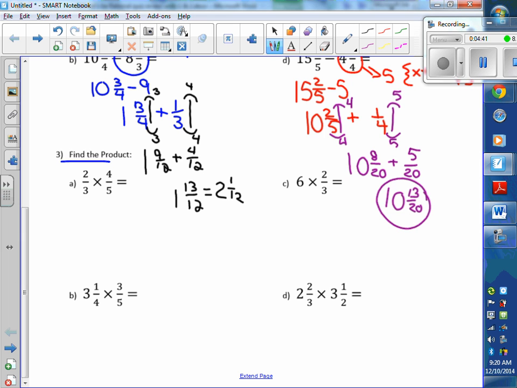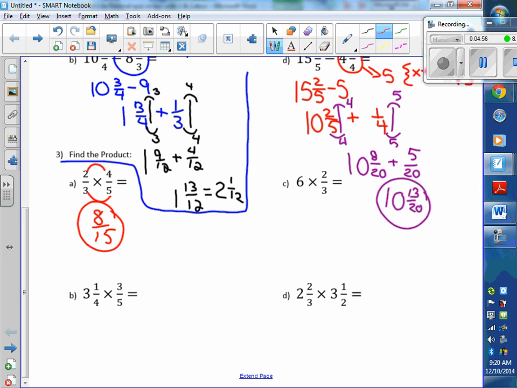So this was part of the other problem up there, right? Draw a little. So this one, we don't need much fancy stuff. 2 times 4 is 8. 3 times 5 is 15. This is all part of that up there.